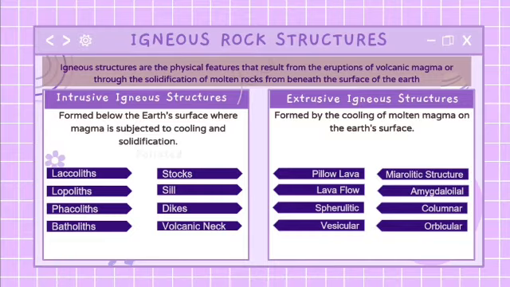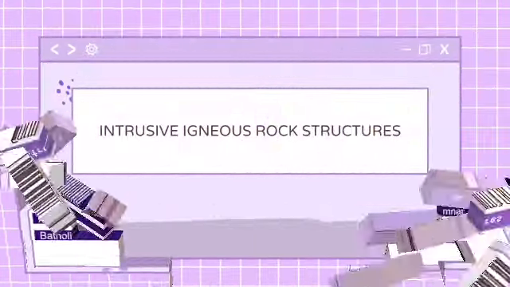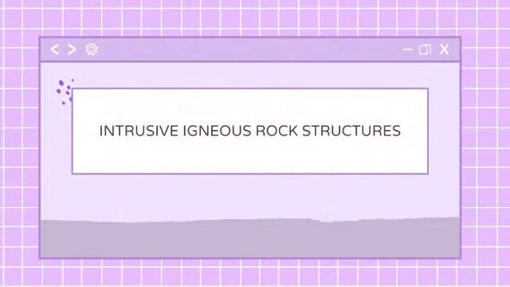Then as for extrusive igneous structures, these are formed by the cooling of molten magma on the earth's surface, and there are 8 structures, which are pillow lava, lava flow, spherulitic structure, vesicular structure, miarolitic structure, amygdaloidal structure, columnar and orbicular structure. Now let's go to the intrusive igneous rock structure first.